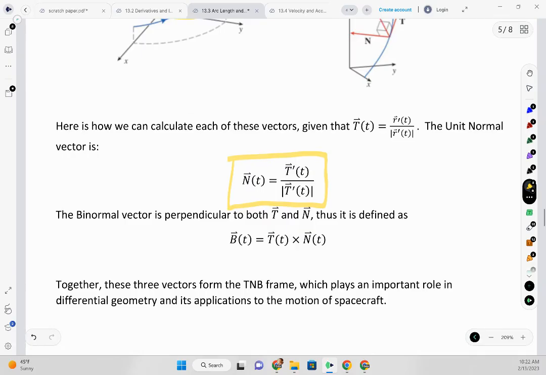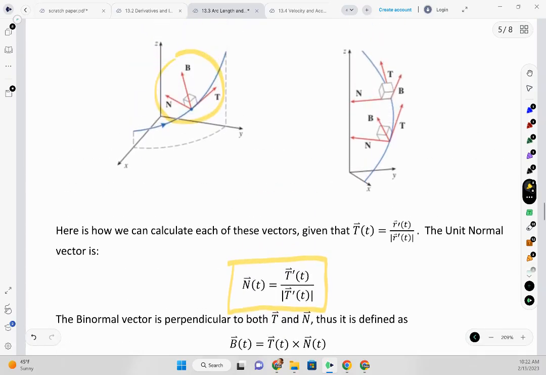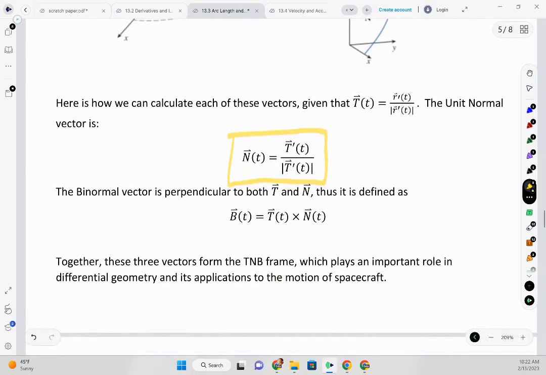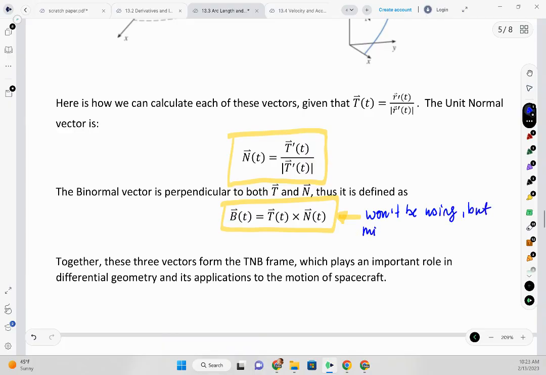The binormal vector, as I said, is normal to both the unit tangent and the unit normal vector, so we would just find the cross product of those to come up with the binormal. But this we will not be using. But it might show up in other classes.